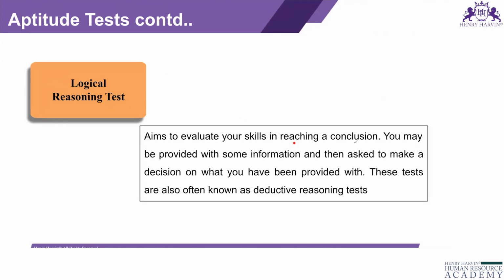Logical reasoning aims to evaluate your skills in reaching a conclusion, so you have to use your logic to reach a conclusion. You may be provided with some information and then asked to make a decision based on what you have been provided. These tests are often known as deductive reasoning tests, right? So we are deducing the conclusion by using our logic.